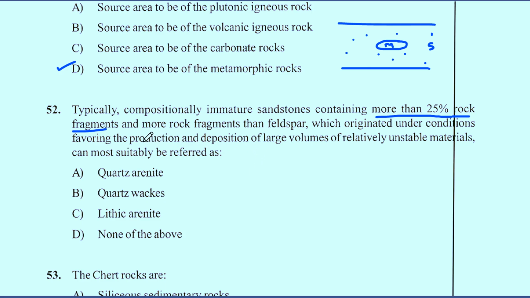And one more thing: if feldspar is greater than 25%, we call it arkose, and in that case feldspar is more than the rock fragments. But if rock fragments are more than the feldspar and more than 25%, we call it a lithic arenite.